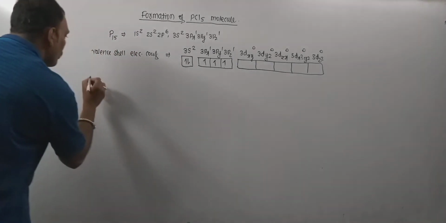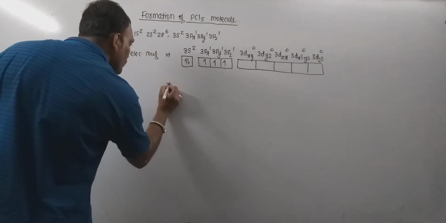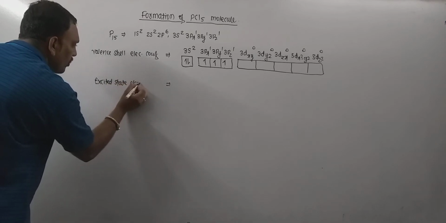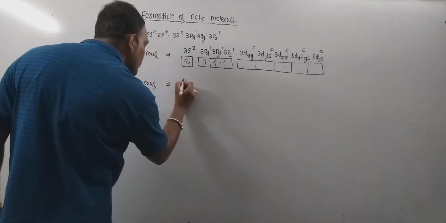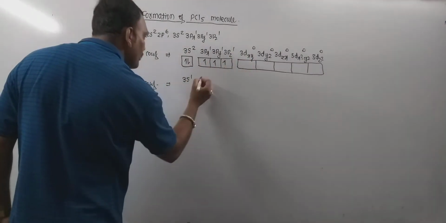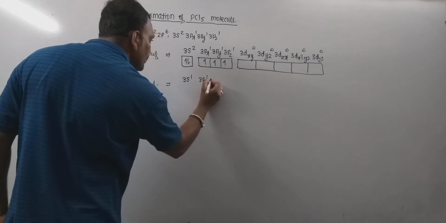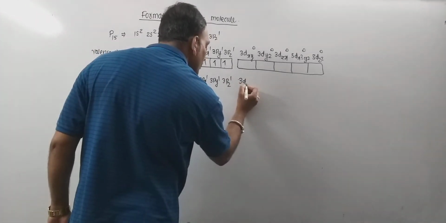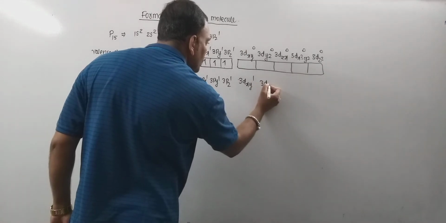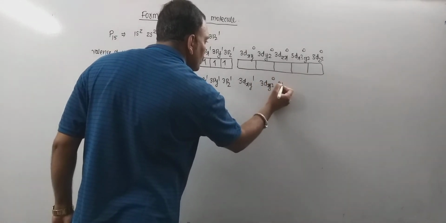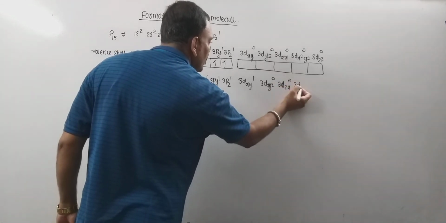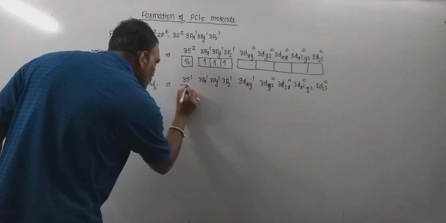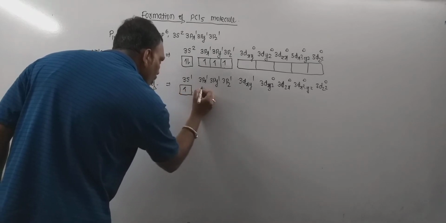Thus the excited state electronic configuration for phosphorus can be written as 3s1, when it transfers an electron to that d orbital, 3px1, 3py1, 3pz1 and remember 3dxy1, and the rest of the orbitals, that is 3dyz 0, 3dzx 0, 3dx square minus y square 0 and ultimately 3dz square 0. Now a box diagram for this can be drawn in this manner.